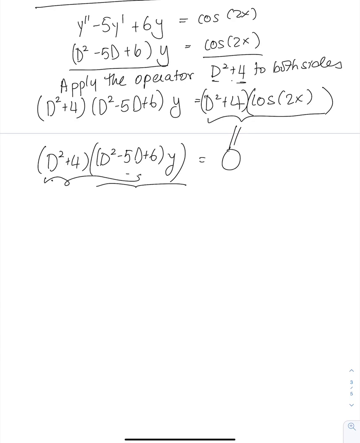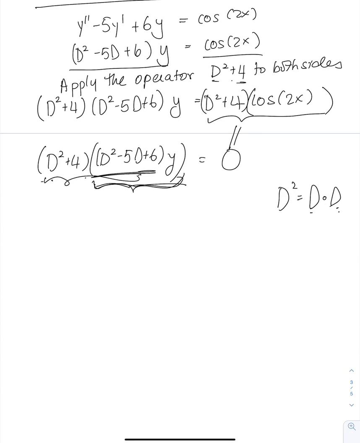Okay, so when you write this down like this, just like we have d squared, that is d composed with d, that is take the derivative and then take the derivative of the derivative. This means that you apply this operator to y, and then you take the result and then apply the operator d squared plus 4 to the result.